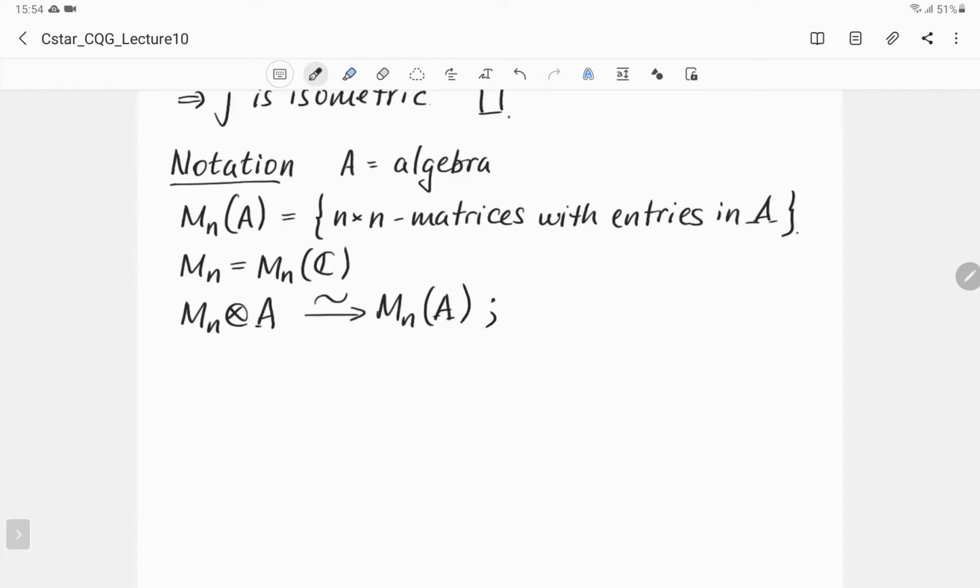So explicitly, this isomorphism is given by the following formula. If alpha_ij is a complex matrix and little a is an element in A, then this elementary tensor goes to the A-valued matrix alpha_ij a. This is an algebra isomorphism.